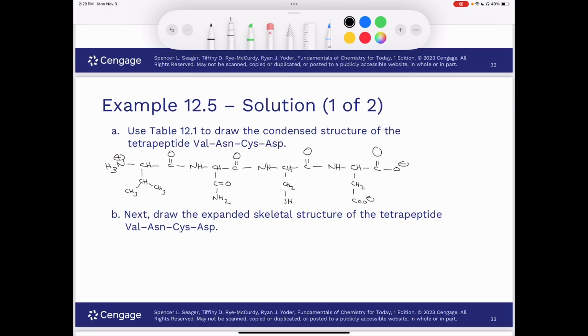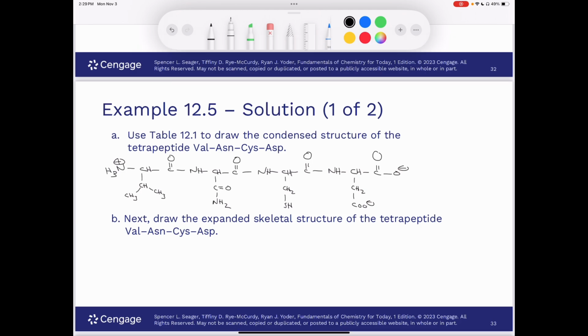Now it says draw the expanded skeletal structure of the tetrapeptide. So what you have to remember is that when you're drawing the skeletal structure, any R groups that are pointing up are going to be coming out towards you on a wedge, and any R groups that are going down are going to be going into the page on a dash. Let me show you what I mean. So we're going to start with our nitrogen.